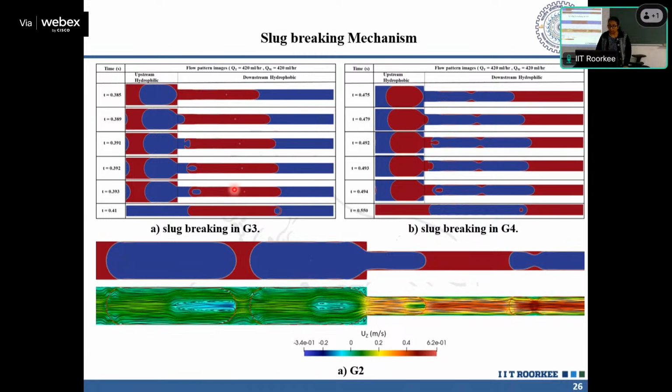When such a thing happens, the mass transfer in such cases is not that much enhanced, and we could also see very little of any disturbance wave or film thickness over here. So in this case, what will happen? This is hydrophobic.